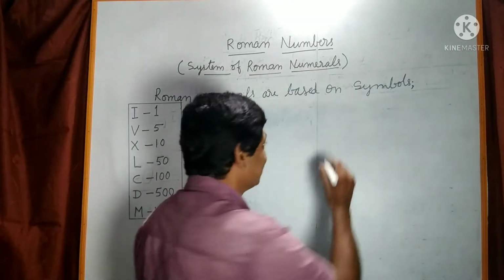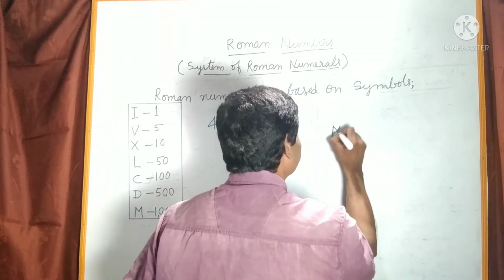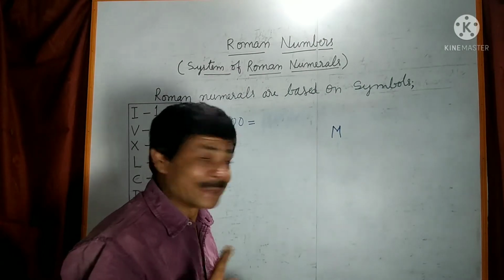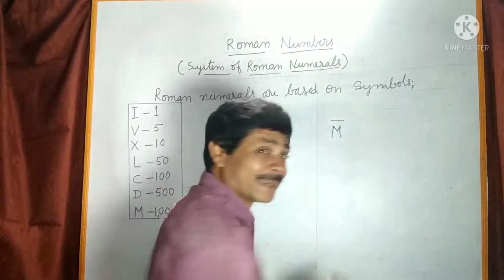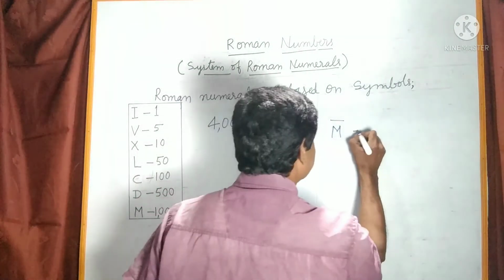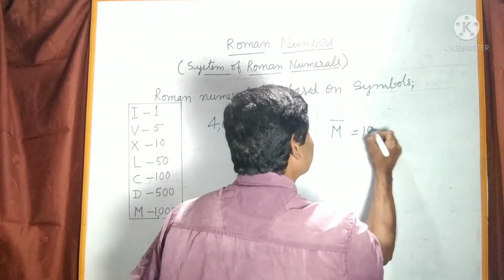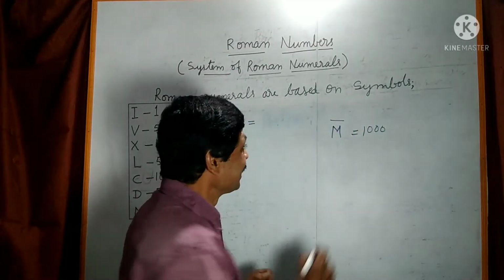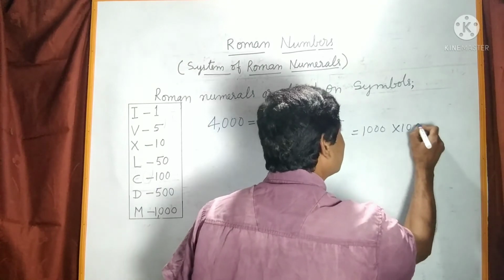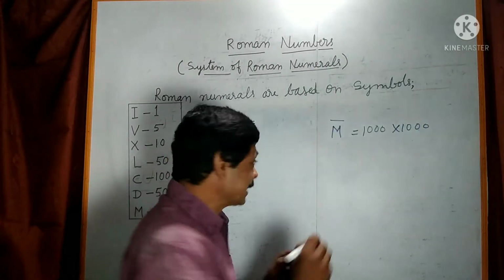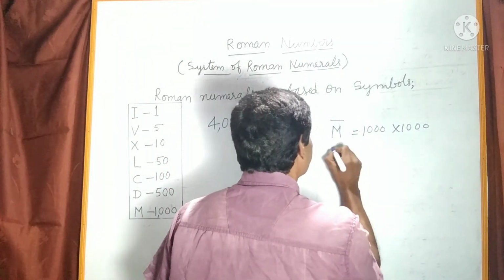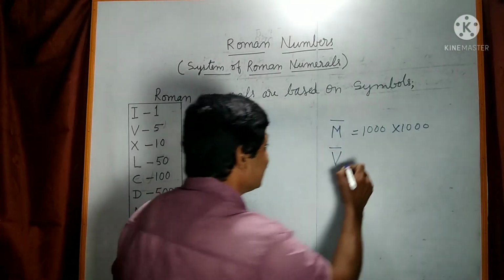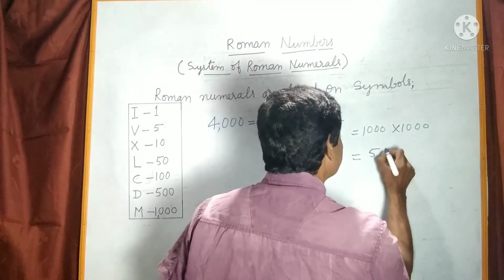Any number, if we take and we write a bar on it, its meaning is that number into 1000. For example, if we write a bar on V, its meaning is 5 into 1000.